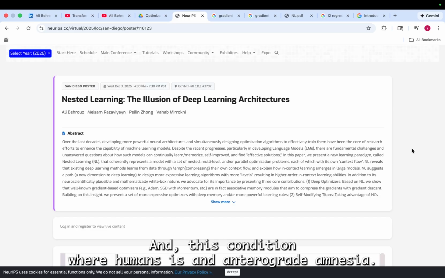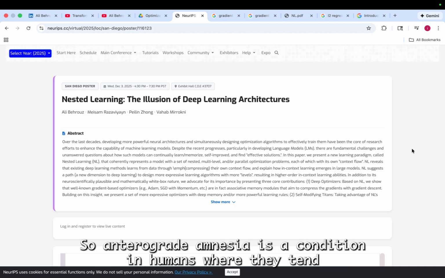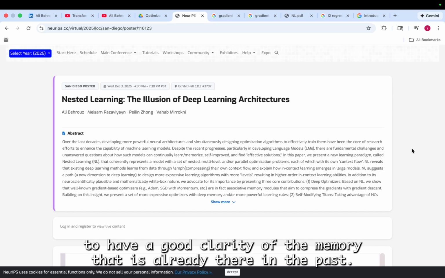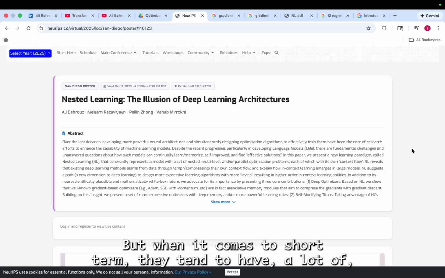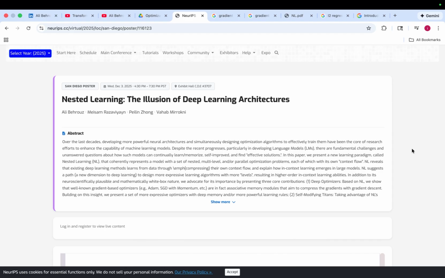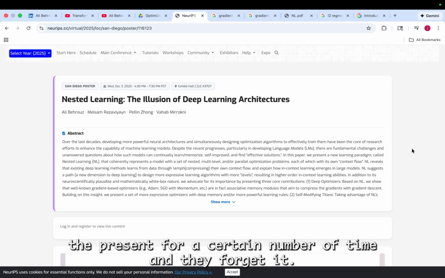This condition is anterograde amnesia. Anterograde amnesia is a condition in humans where they tend to have good clarity of memory that is already there in the past, in the long term, but when it comes to short term, they understand the present for a certain amount of time and then forget it.